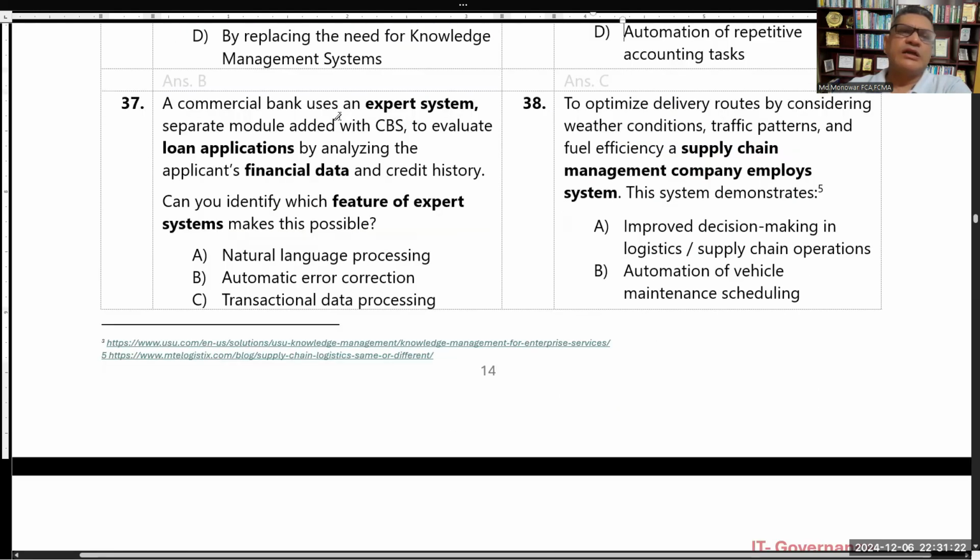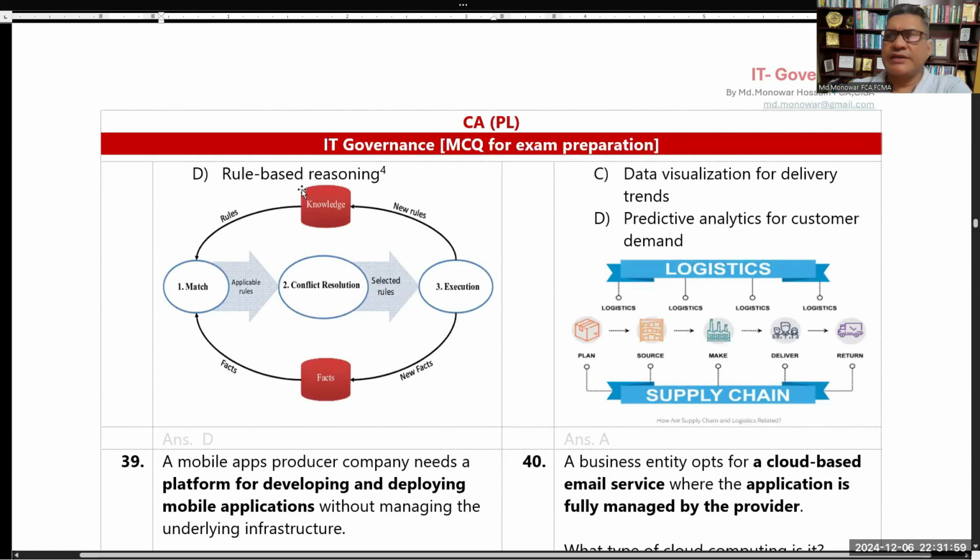Say a commercial bank uses an expert system as a separate module added with the core banking solution to evaluate a loan application by analyzing the applicant's financial data and credit history. Identify which feature of expert systems makes this possible. So here, rule-based reasoning. Answer D.